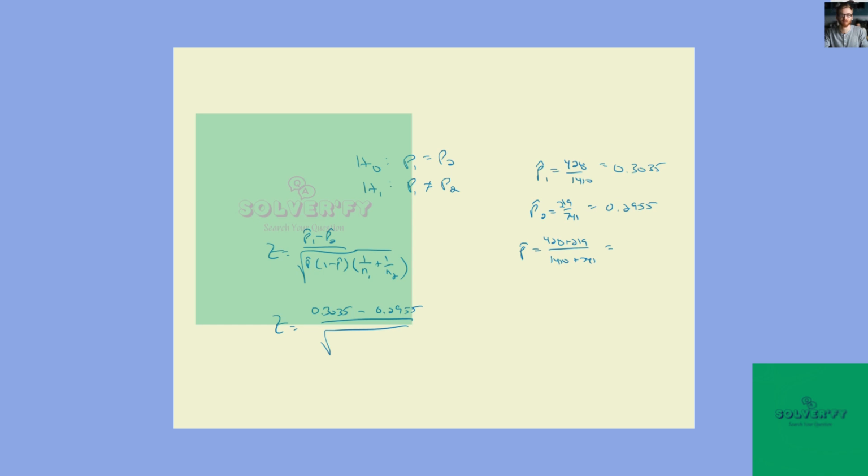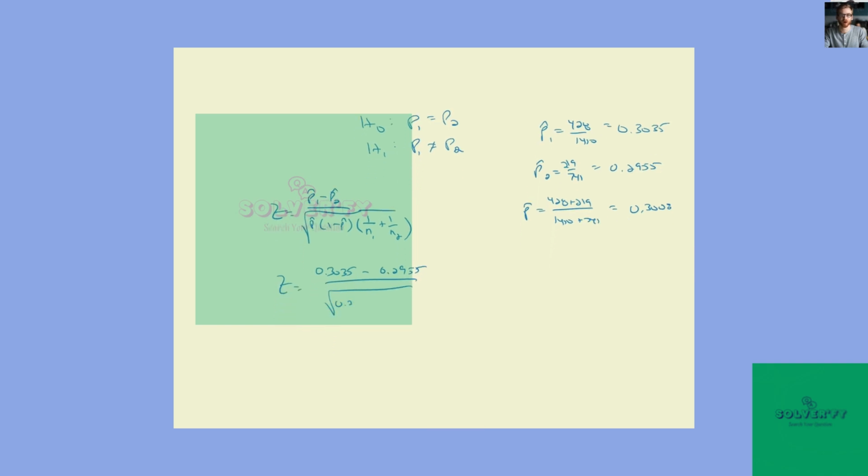And that is 0.3008. Now to 2 places, it's 0.38.